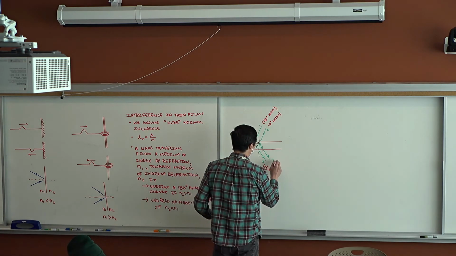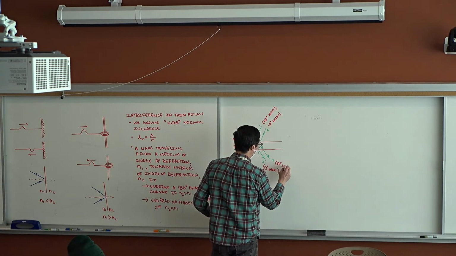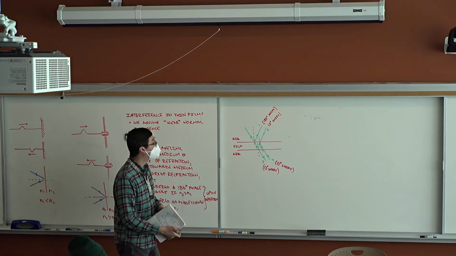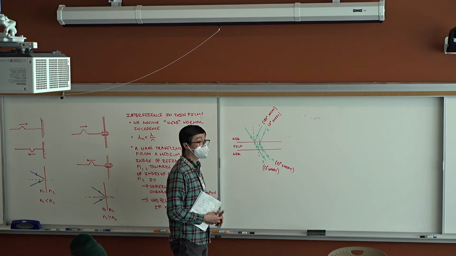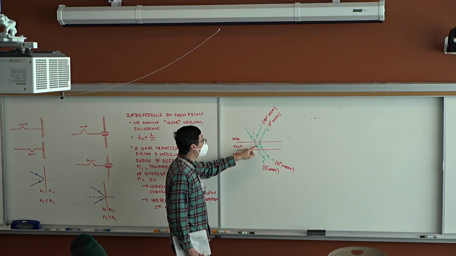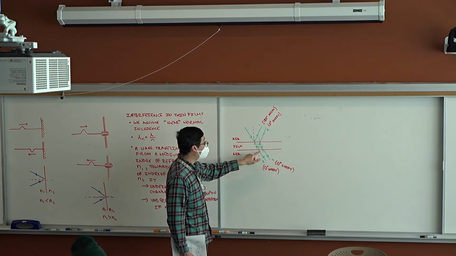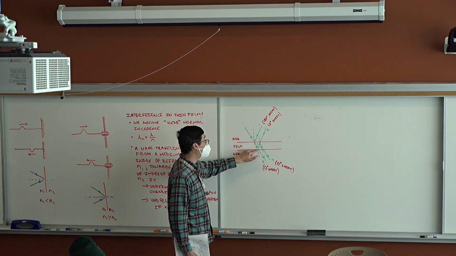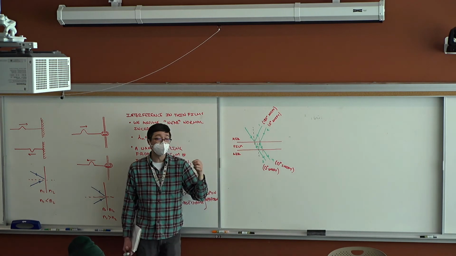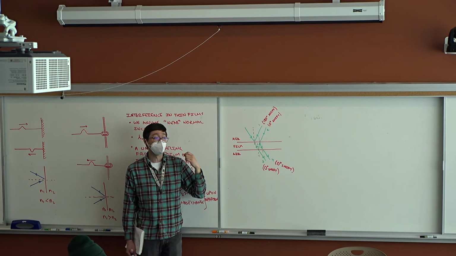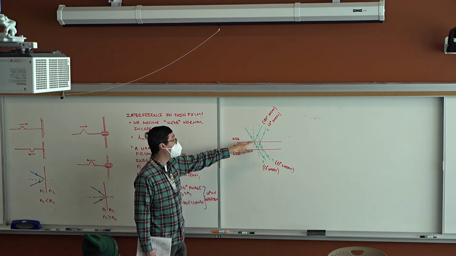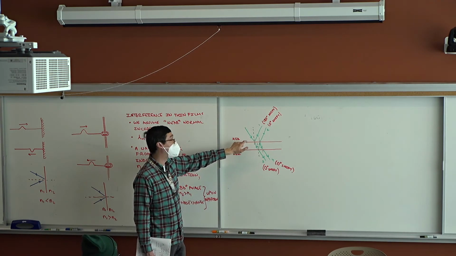So ray 4 underwent two reflections, one here and one here, but neither of them were off media that had a higher index than the one it was already in. Ray 1 only undergoes one reflection, and it's off of a medium that's higher than the one it's already in.